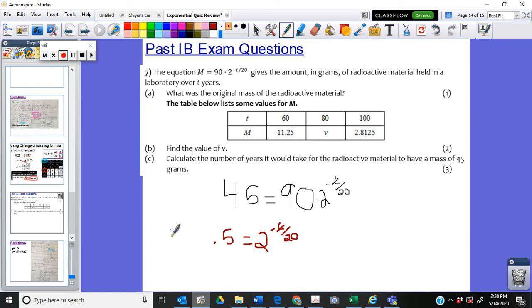Well, if you want to use logs, you can solve this that way, or we can go to the calculator and type y equals 0.5 as your first equation and y equals 2 to the negative T over 20 power for the second equation. So now I'm going to show you what that looks like on the calculator.